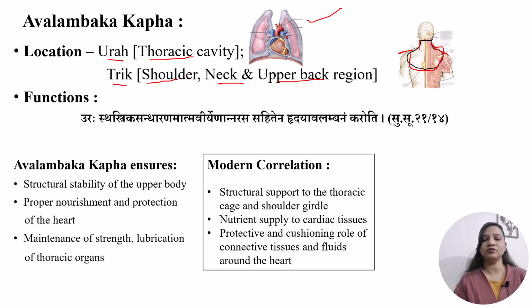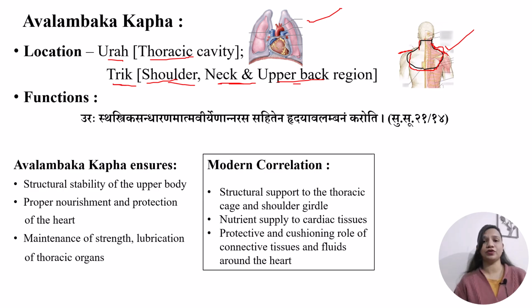And in Trik region, it refers to shoulder, neck and upper back region, as we can see here in this picture. So here also the stabilizing and nourishing qualities of Kapha dosh, especially Avalambaka Kapha dosh, provide support and firmness to this area by the qualities of stabilization and nourishment.